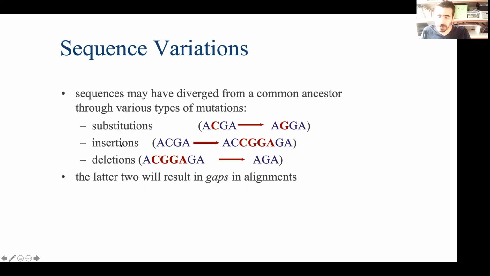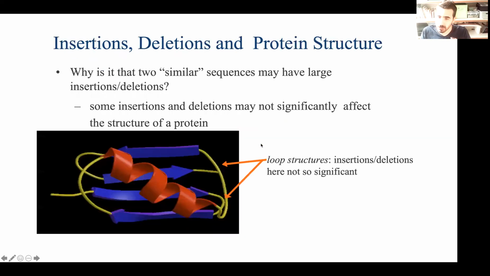And second, for insertions and deletions, if one sequence has an insertion, then how do we represent it in the sequence alignment? We basically use gaps. So this CGGA subword has no corresponding homolog in the other sequence, let's say. If this is the case, then we just insert gaps in the other sequence, right? Because there is no corresponding homology. So that's why these issues are important to take into account in sequence alignment.